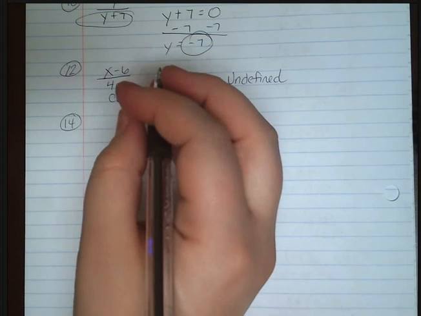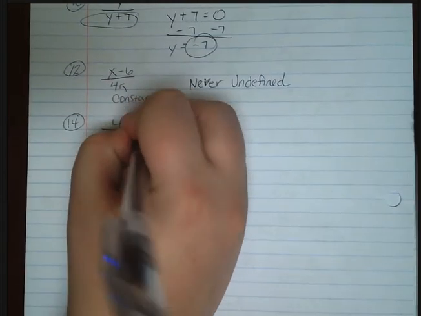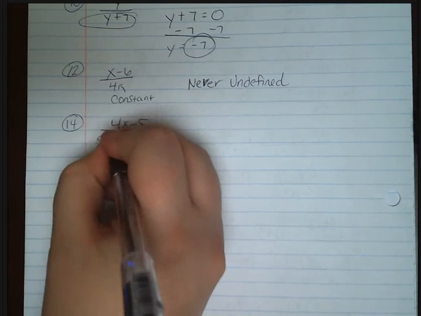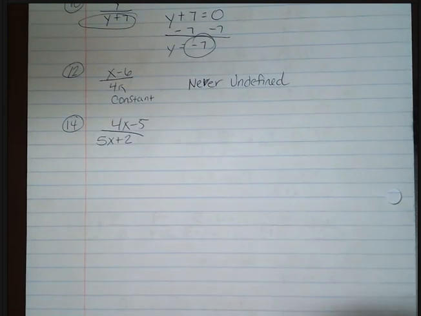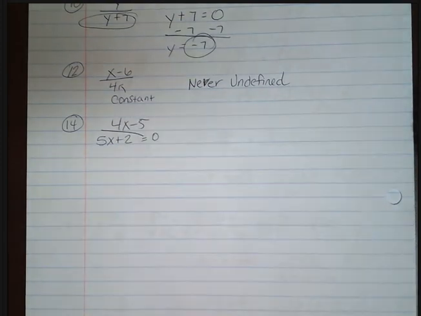we have 4x minus 5 divided by 5x plus 2. So we just learned in problem number 10 that all we have to do is set that equal to 0 and solve for x. And remember, we're only concerned with the denominator because the denominator being 0 is what makes it undefined.